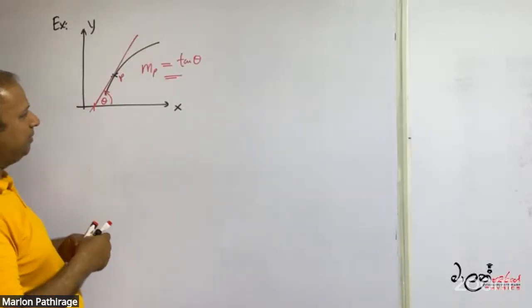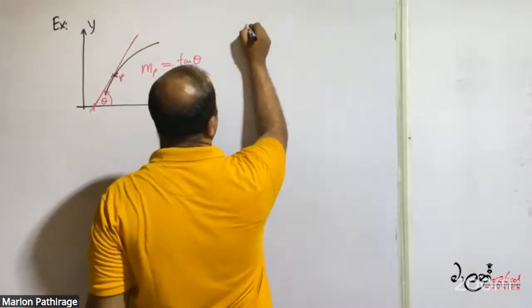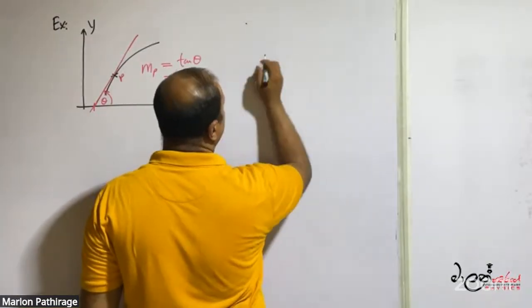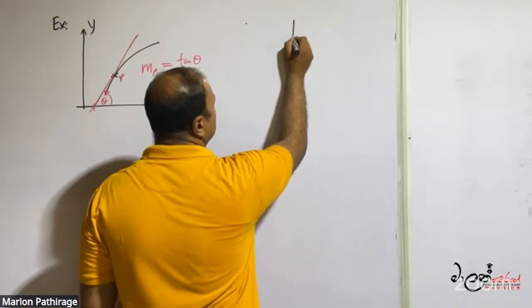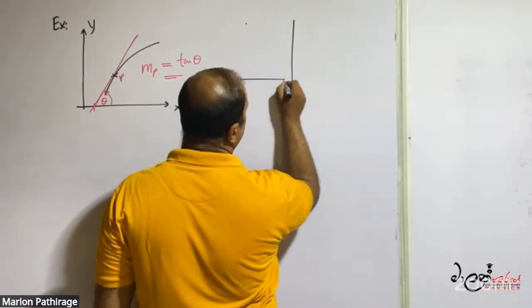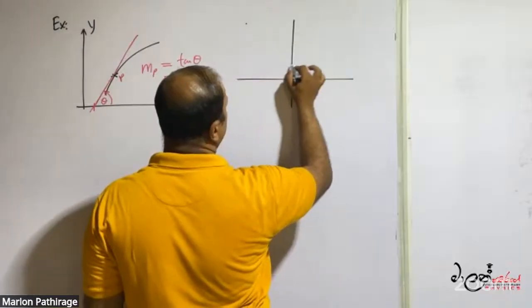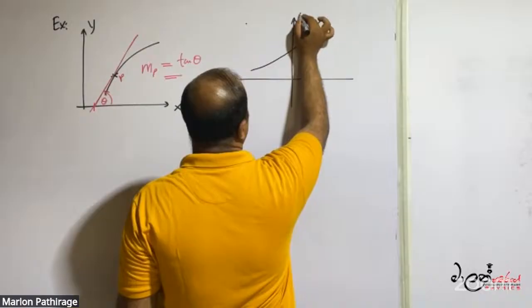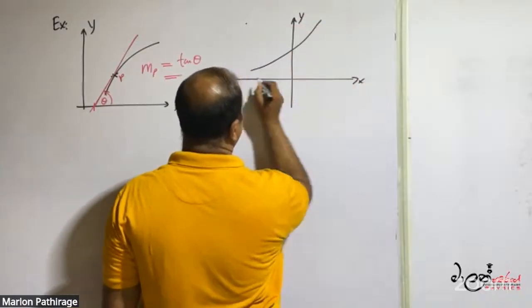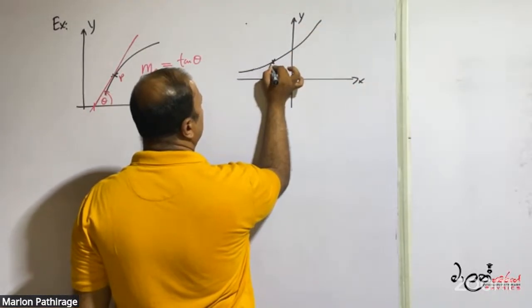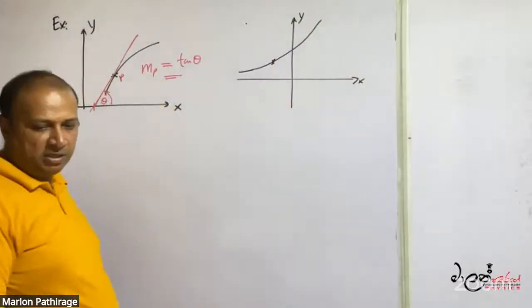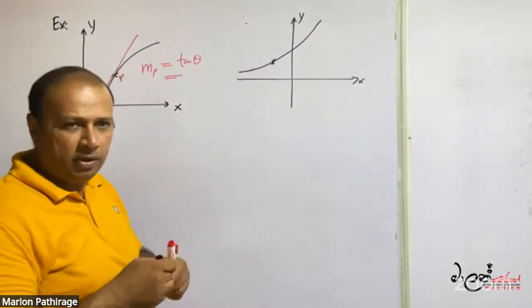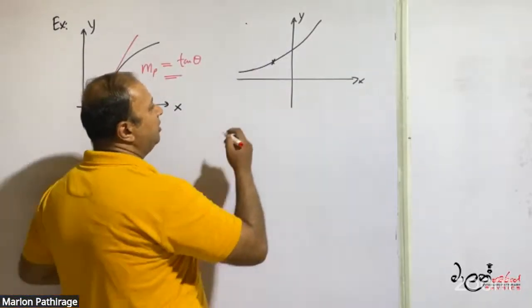There is another example. If you want to measure the gradient at this point, again you have to draw a tangent to the graph at that point.